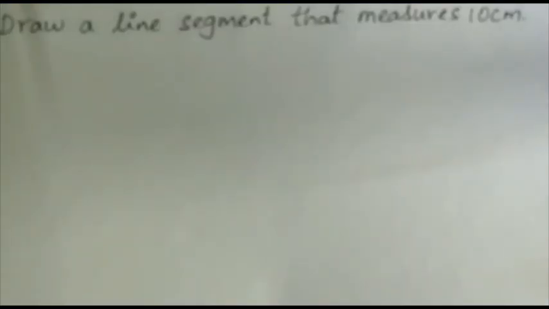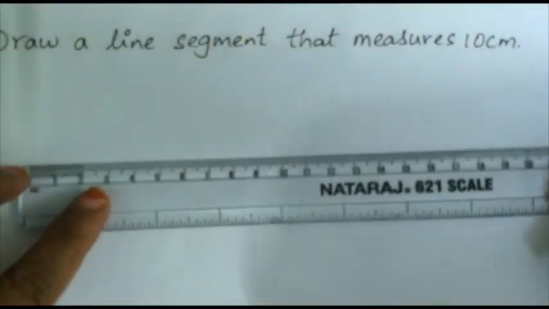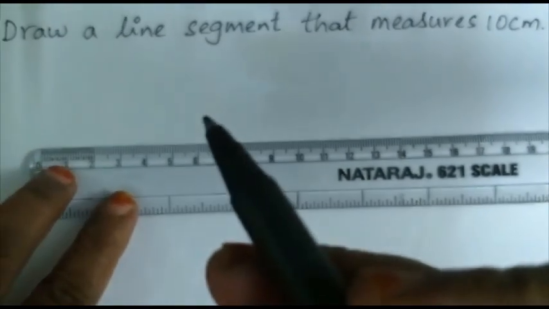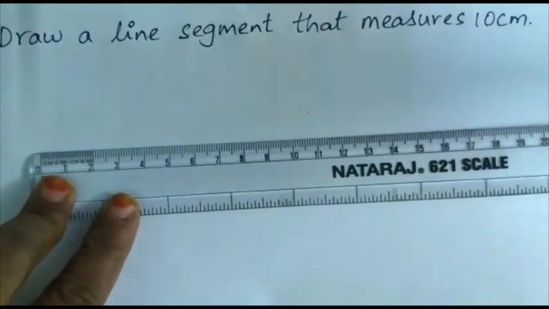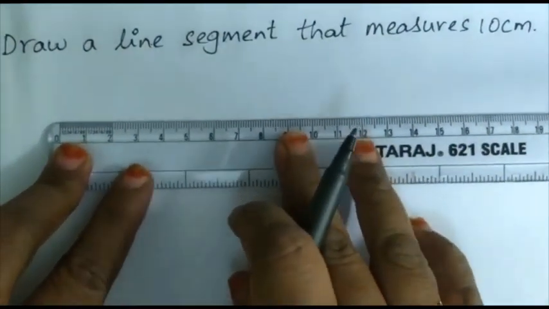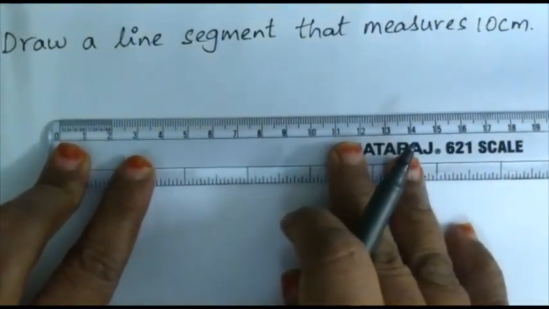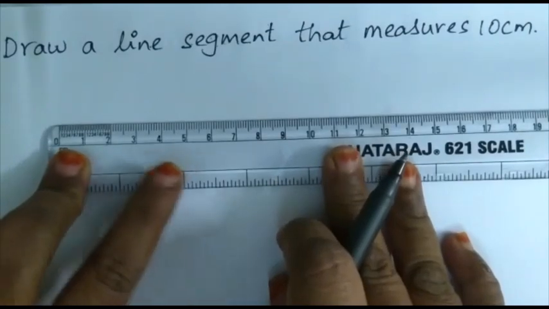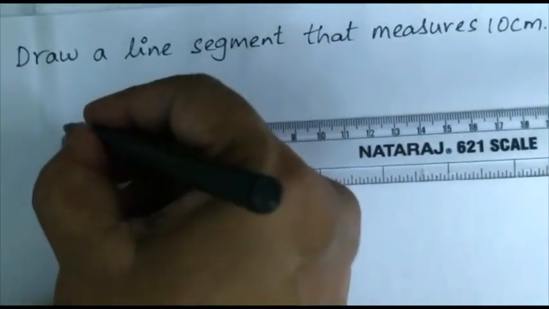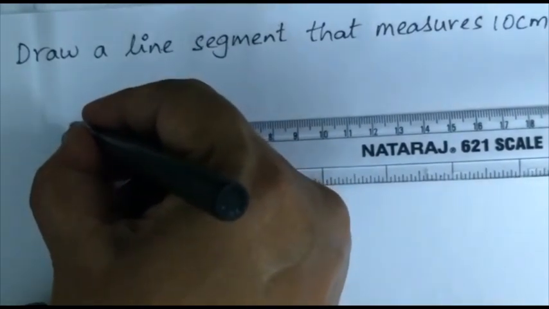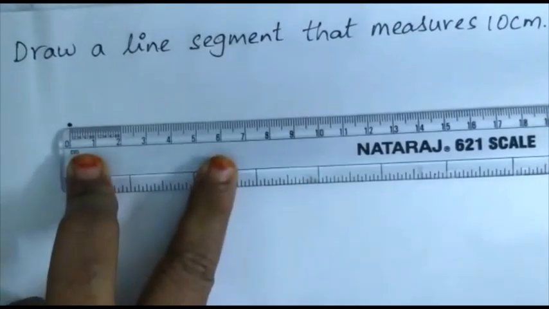A line segment that measures 10 centimeters. First step is take a sharpened pencil, but here I am using a marker so that you can view this better. Now hold the scale firmly onto the paper, and the third step is mark a point at 0 of the ruler. Here mark the point.